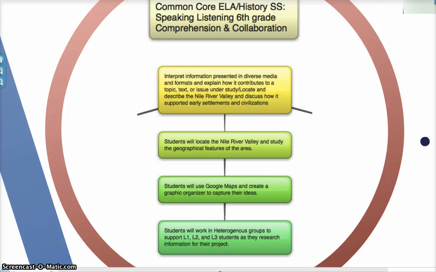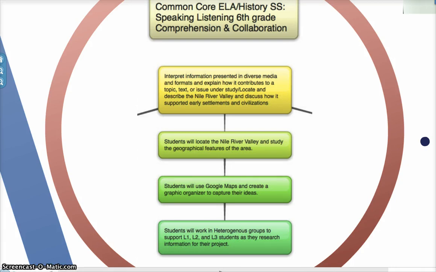If you look at the Common Core standard, it says to interpret information presented in diverse media and formats and explain how it contributes to a topic, text, or issue under study. And so what issue is under study? In this case, it's going to be social studies: locate and describe the Nile River Valley, and discuss how it supported early settlements and civilizations.